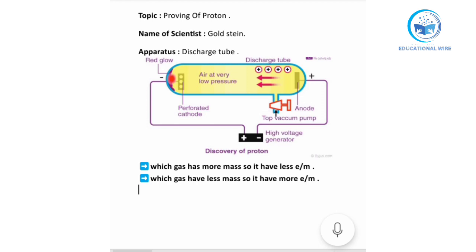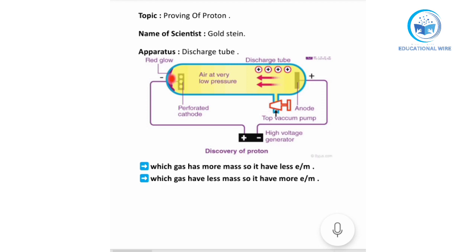Okay, now let's move further. Let's discuss the properties of the proving of proton, like we discussed the properties of cathode rays. Sorry, one more thing I forgot to tell you.